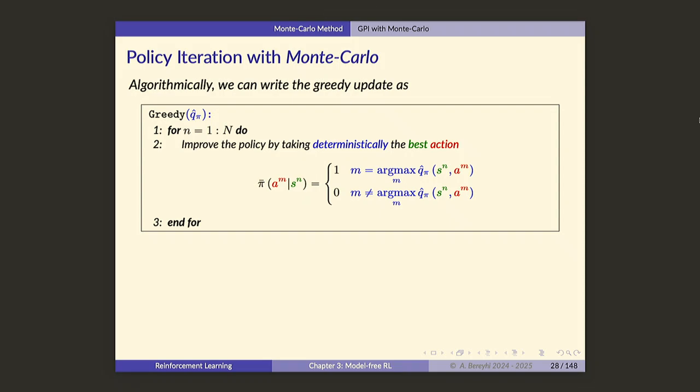So the new policy is basically I look at this action value function. I take the action which is doing optimal, right? In that sense, given what I have evaluated, right? So I look at the action which at the particular state is giving me the highest estimated action value. So it's the same thing. The only reason that I call it greedy is that now this action value function that I have here is not necessarily the true action value, right? It's an estimate of it, right?